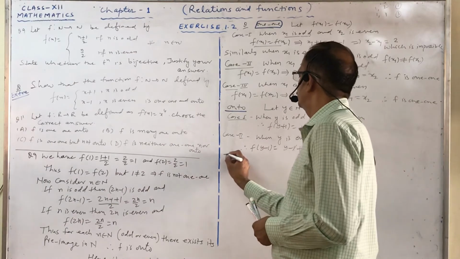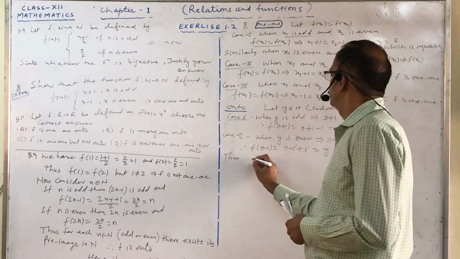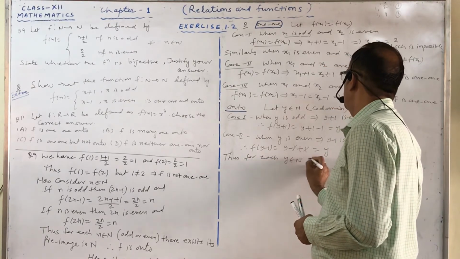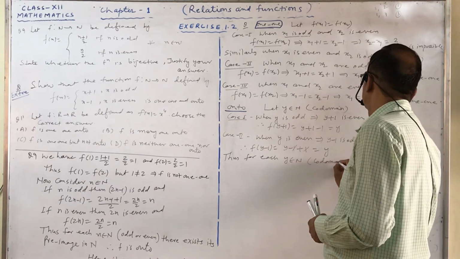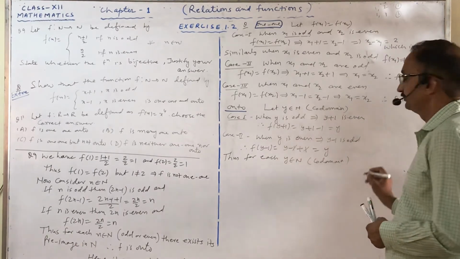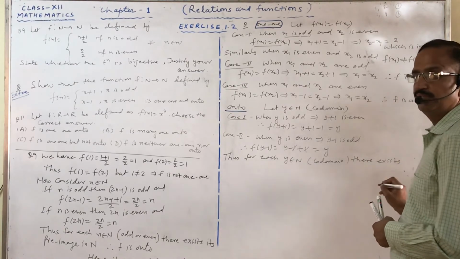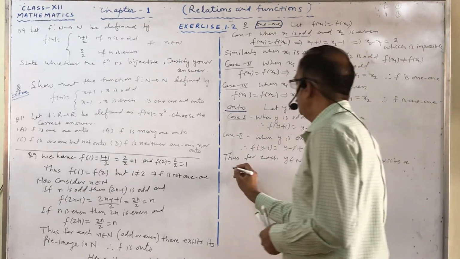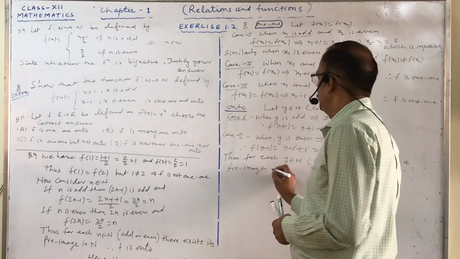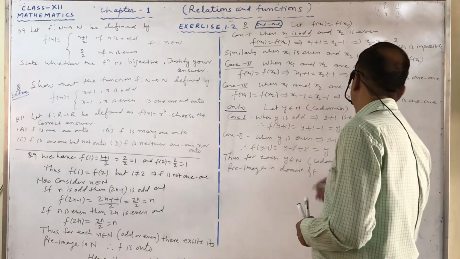So we can write, for each y belonging to N, means codomain, there exists a preimage in domain of f.